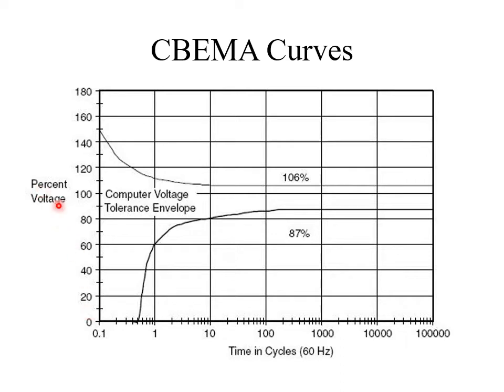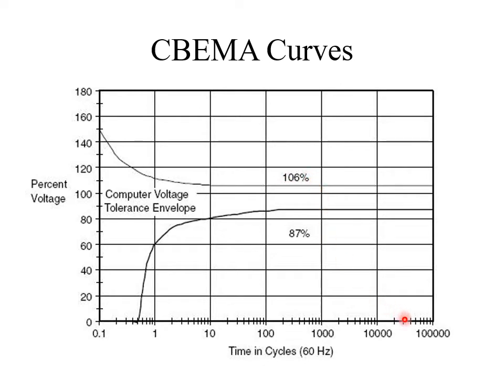Here you can see the computer voltage tolerance envelope. We know that the steady state operating voltage is 90 percent to 110 percent, as per the definition. But here in the curve it is around 90 percent, that is, 87 percent to 106 percent.